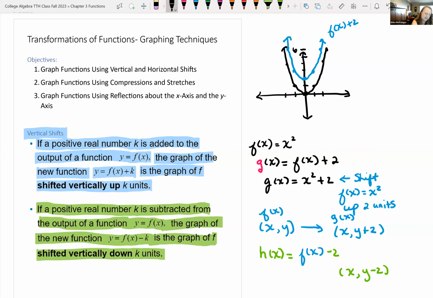So my point at 0, 0, x stays 0, but my y value is now negative 2. My point 1, 1, x is 1, but subtracting 2 from 1 gives me negative 1.